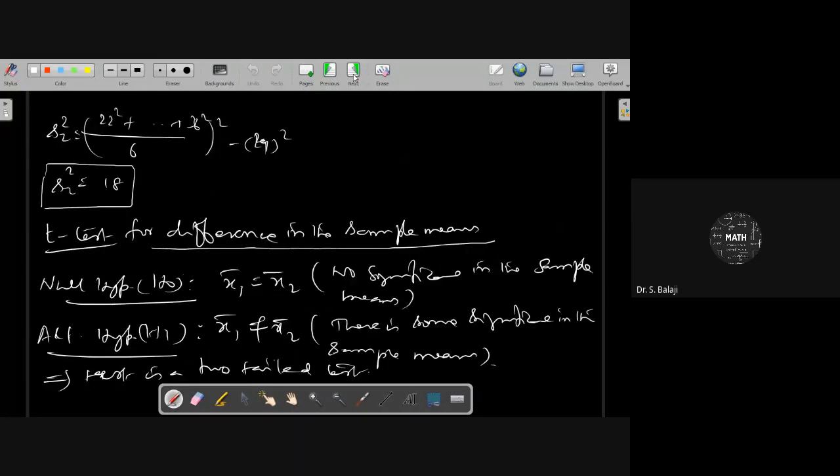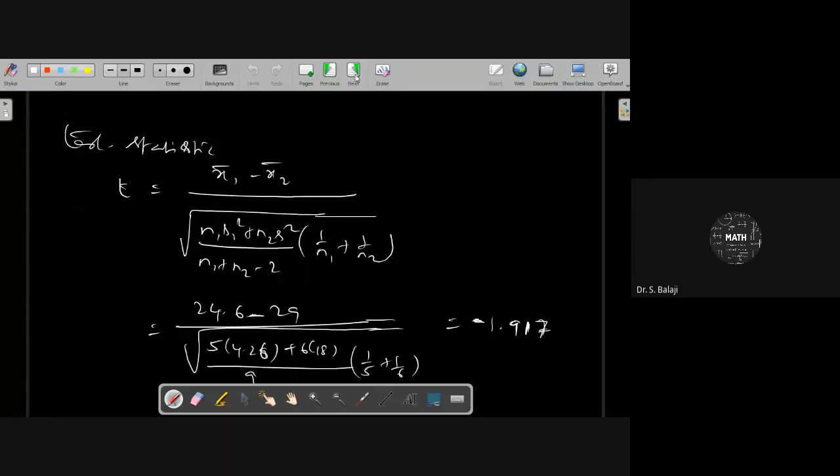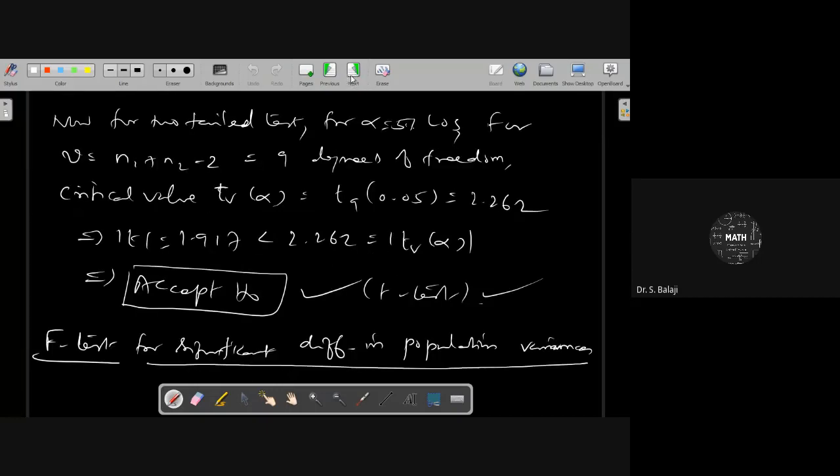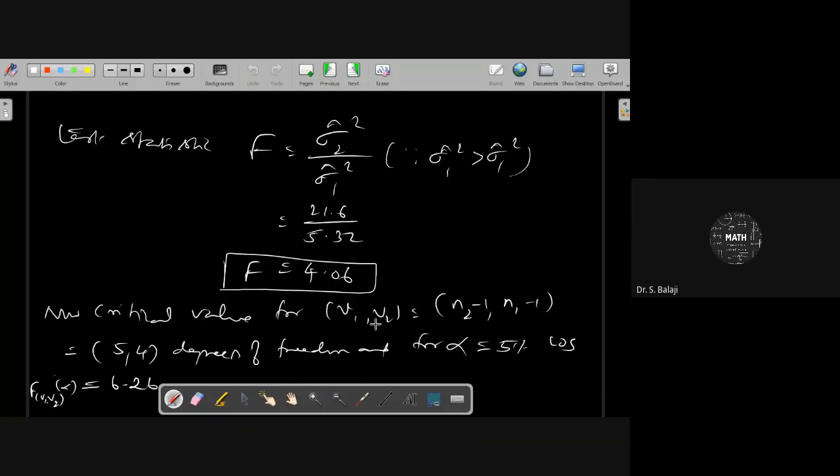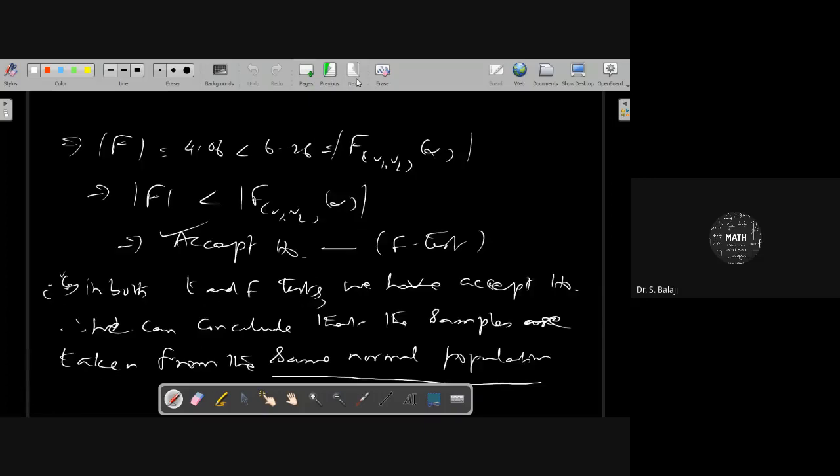Then you have to adopt the T test. Since n1 is not equal to n2, you have to adopt the first test statistic for the mean. You can check whether it is accept H0 or reject H0, then apply the F test for significant difference in the population variances. Whether you get accept H0 or reject H0, you have to check that.